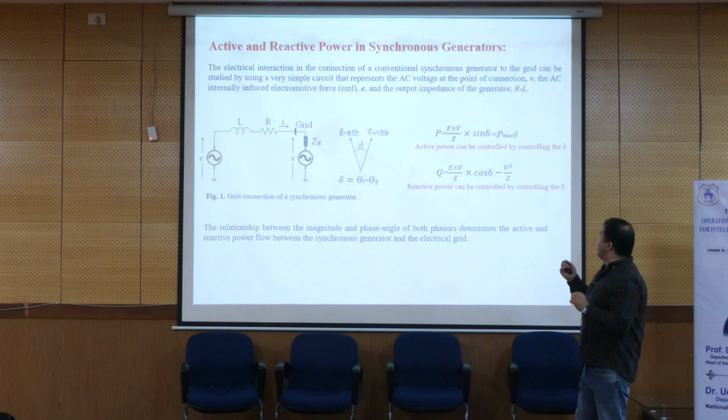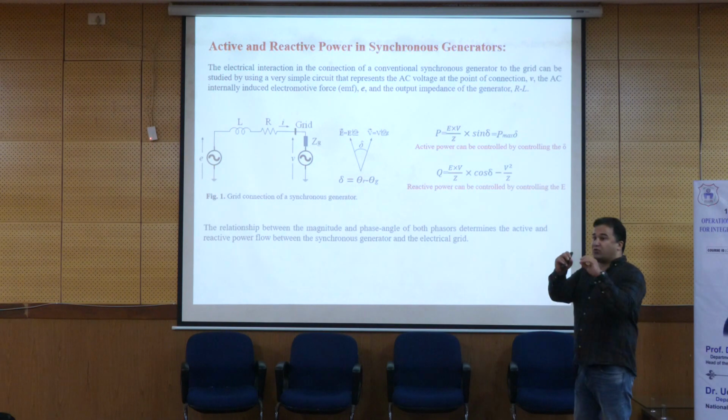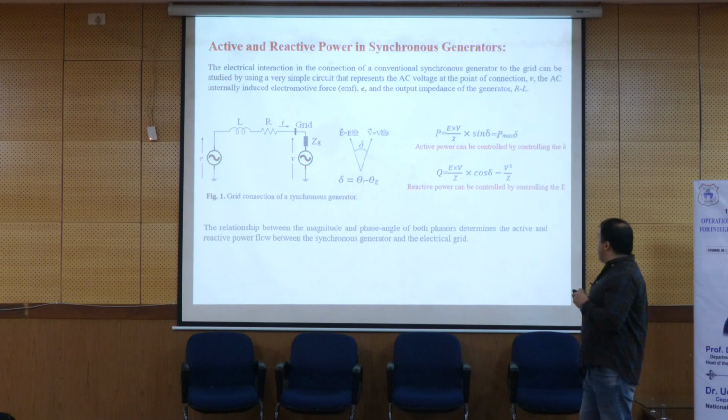And by this assumption, P max sine delta can be shown as P max times delta, not sine delta, because they are almost the same. So, is it clear up to here?